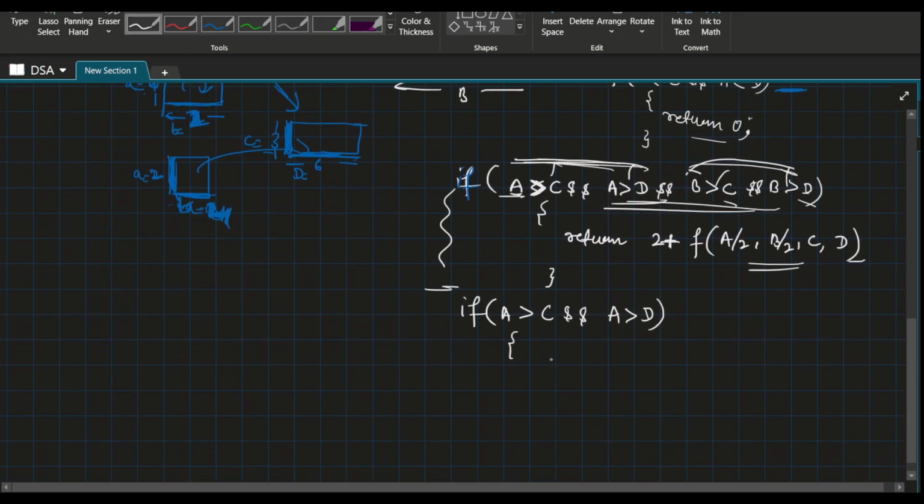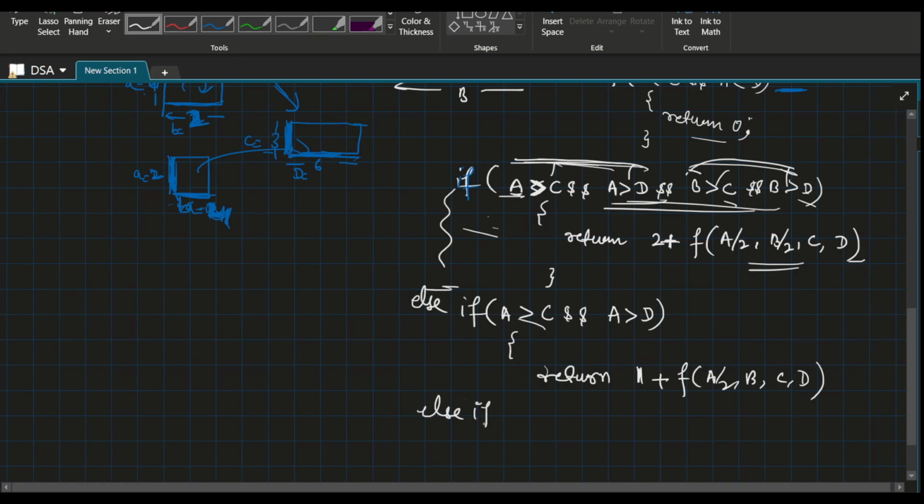What I want to say is, for example, if this condition is false, then we will check if A is greater than C or D, both of its lengths. Then we can say that if A is greater than both of its lengths, we need to do at least one move. So we will say 1 plus F of A by 2, B remains the same, and then C and D. It will all be in if-else conditions.